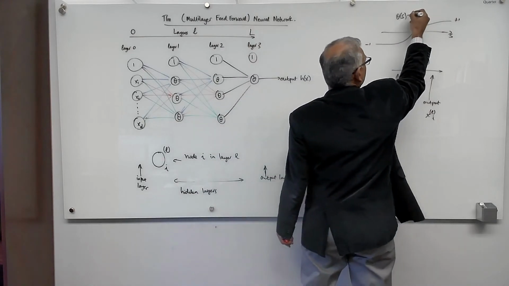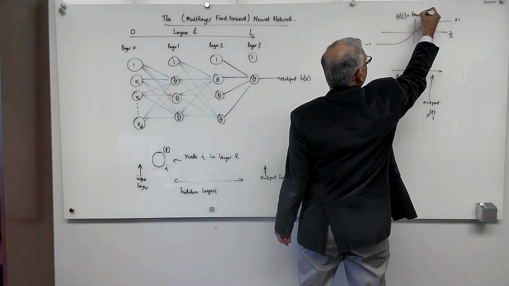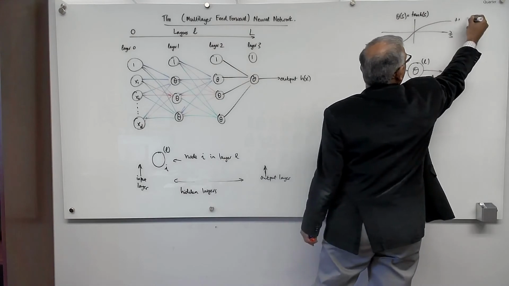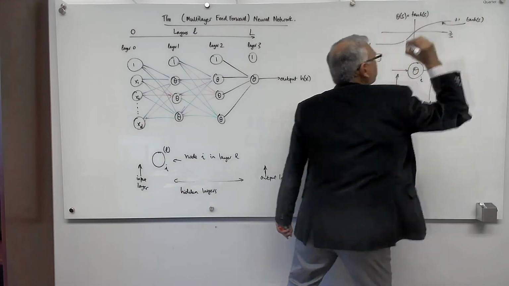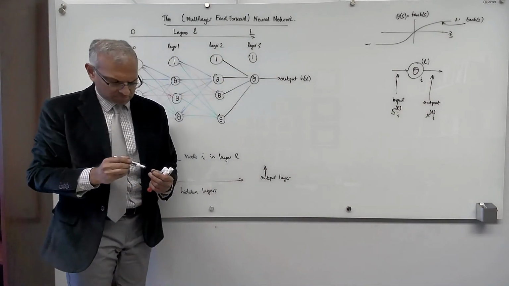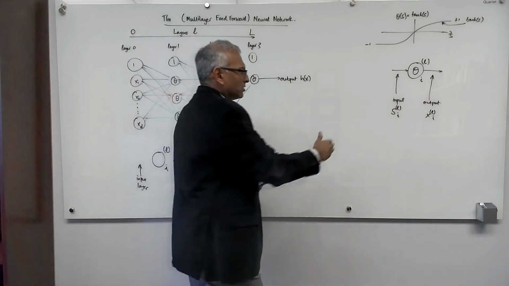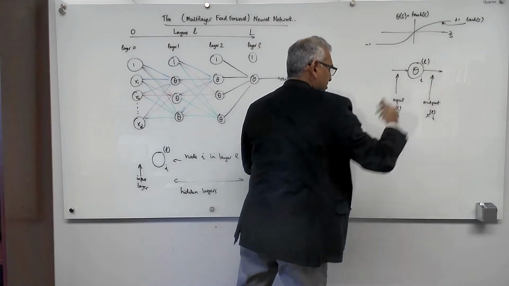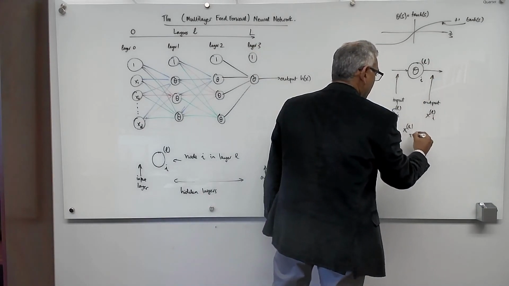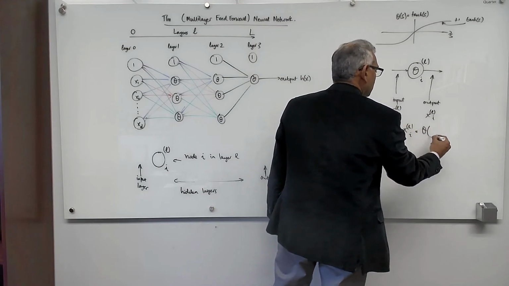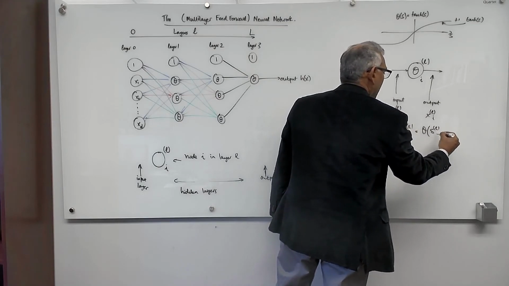A very popular choice is tanh of S, the hyperbolic tangent, which is the sigmoid we will be focusing on. So the input to a node and its output are related by X_L,I equals theta of S_L,I.